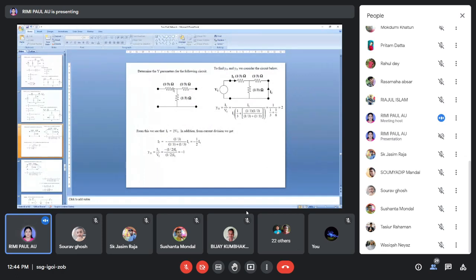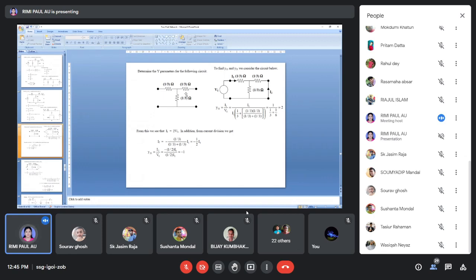So now what you have to do before coming to your lab, this T and pi network, the same network, you have to find out the theoretical data, you will complete your table of theoretical data. First, you have to take an A4 sheet, you have to draw a circuit for 3 experiments: Z, Y and ABCD.